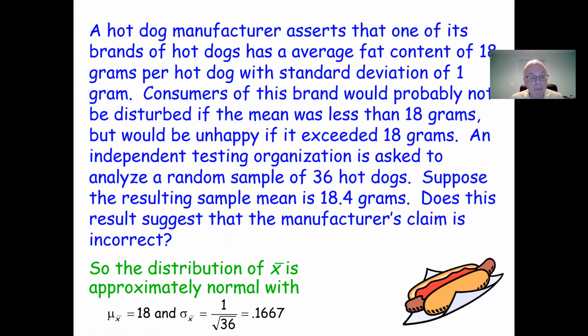Why is it 18? Because it's equal to the mean of the population, which is 18. There's our standard error. It's 1, the population standard deviation, divided by the square root of 36, 36 being the number of hot dogs in the sample. So our standard error, the standard deviation of the sampling distribution, is 0.1667.